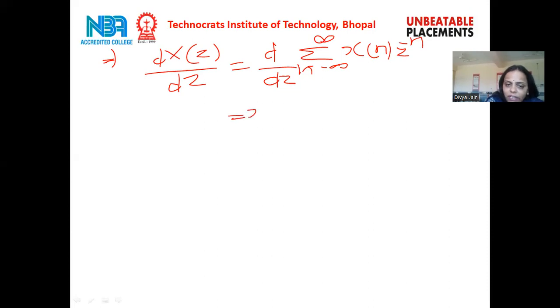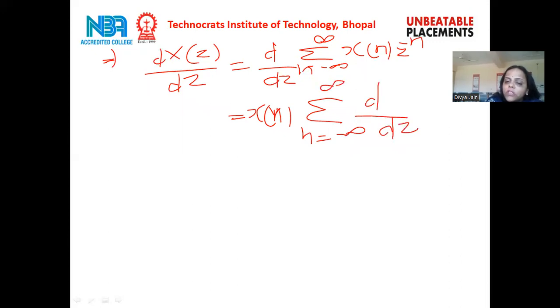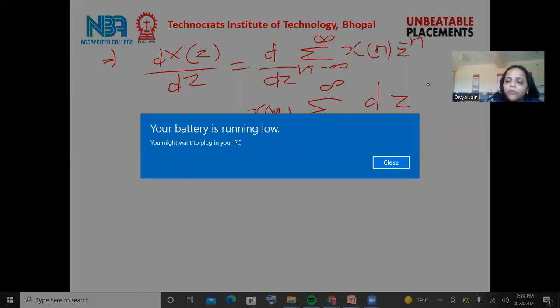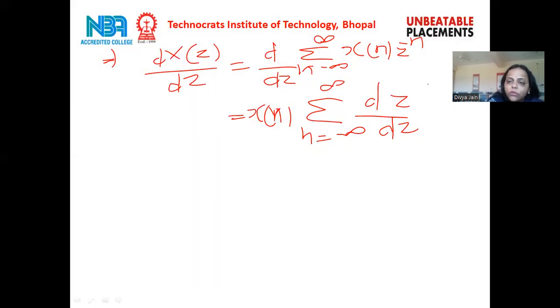So take x[n] as a constant from the summation side, take it out. Then summation n equals minus infinity to infinity d by dz of z to the power minus n.